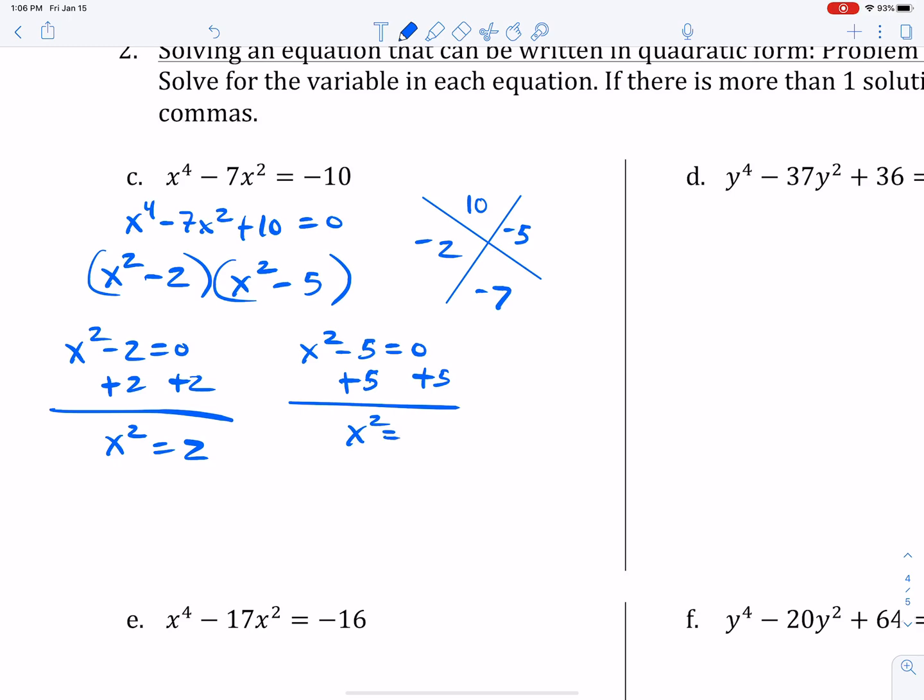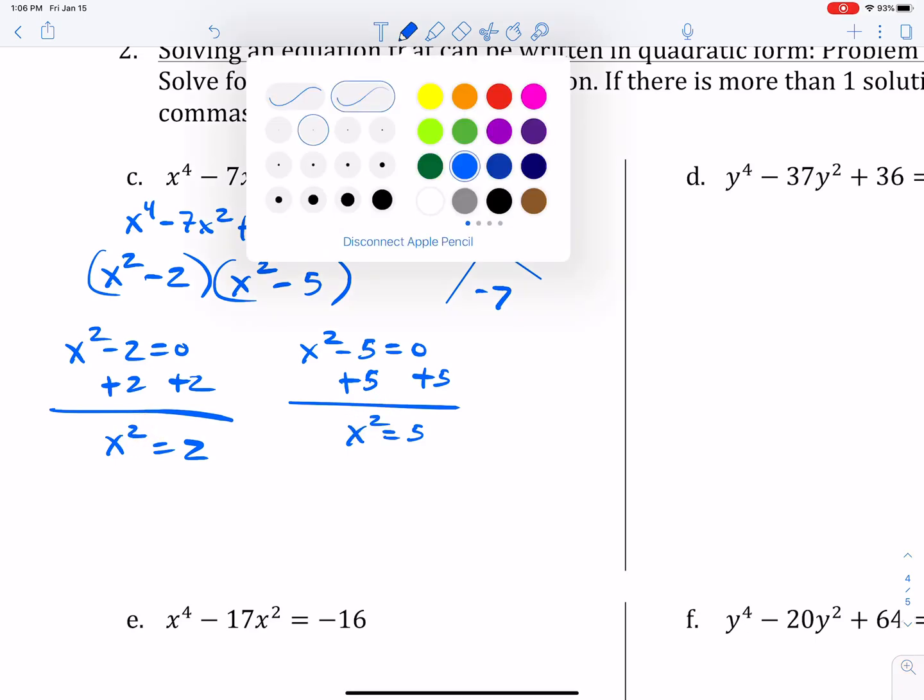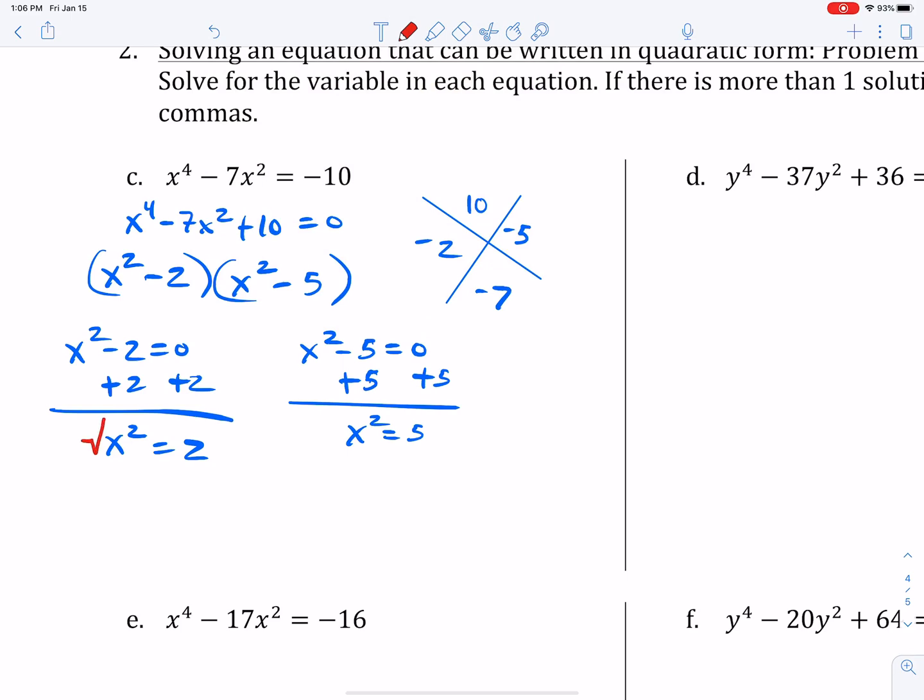X squared equals 5. You see how you have the exponent of 2 there? To get rid of that, what you need to do is take the square root of both sides. And by taking the square root, what you're left with is x equals plus or minus the square root of 2, x equals plus or minus the square root of 5.